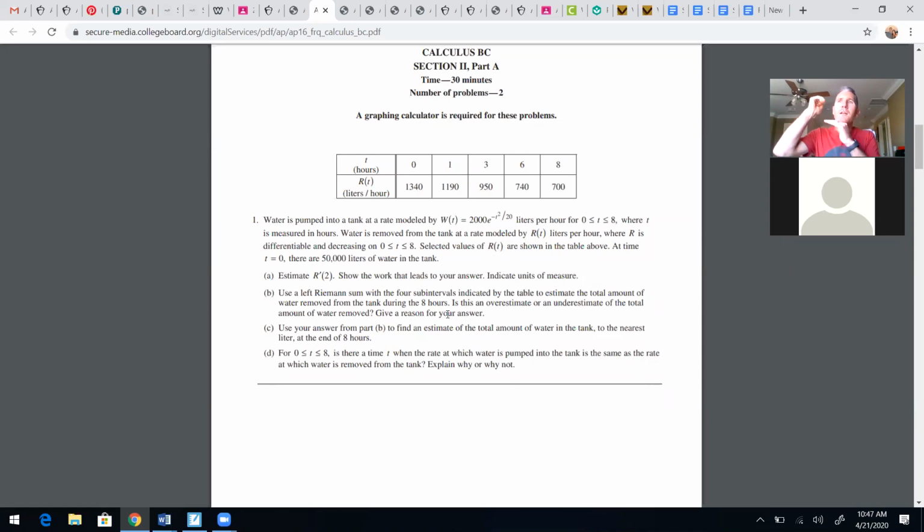This is based on a table of values, and they ask us to approximate these things. Oh, this is from a function that is the rate at which something is happening, and then we have to go through those. So I think that's a valuable thing, to see what the typical AP type free response questions are. So let's dive in a little bit.